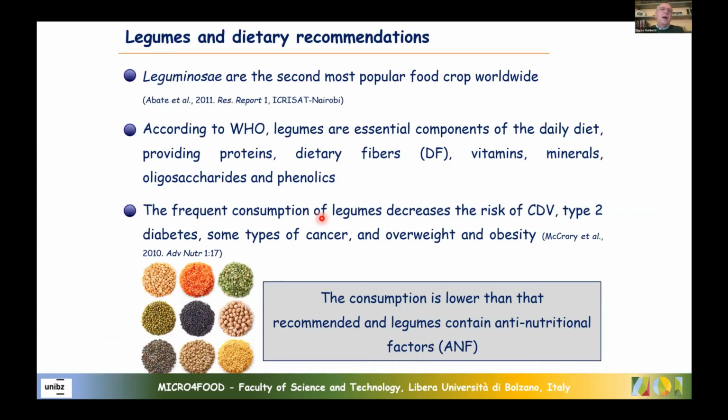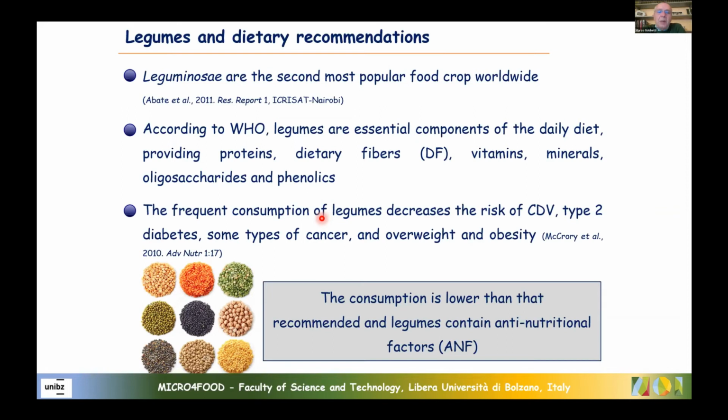Legumes. Legumes, as we know, are the second most popular food crop worldwide. Legumes are essential components for the daily diet, providing proteins, dietary fibers, vitamins, minerals, oligosaccharides, and phenolics.